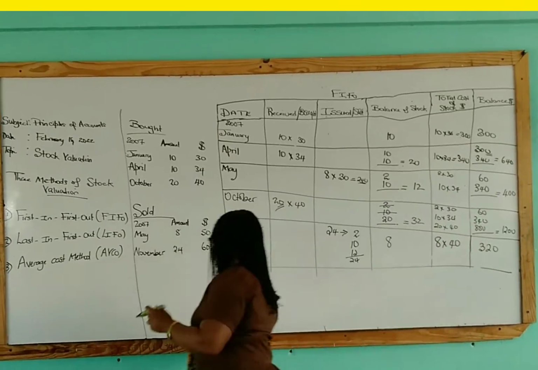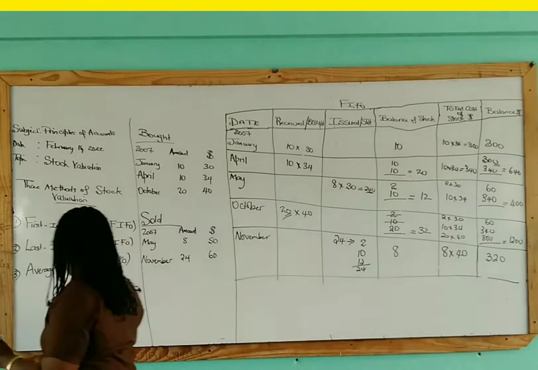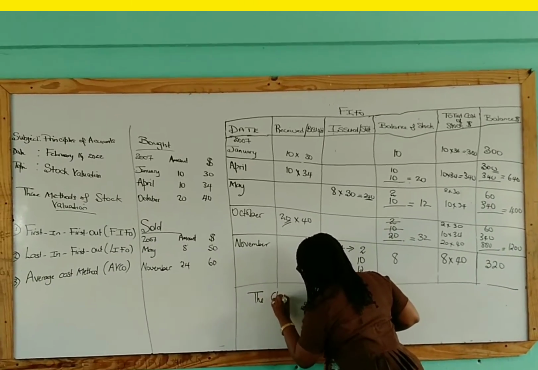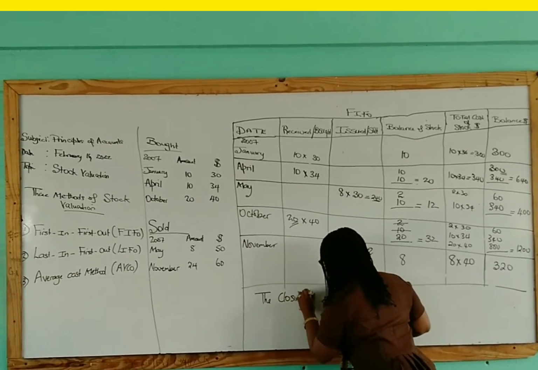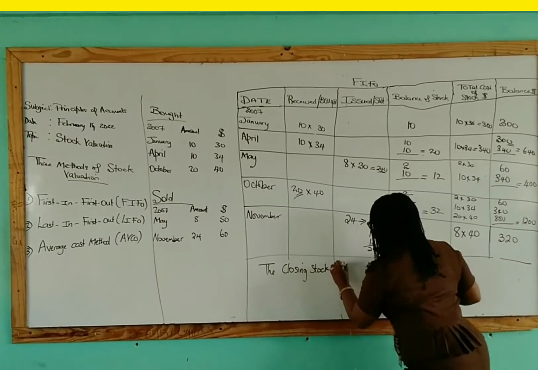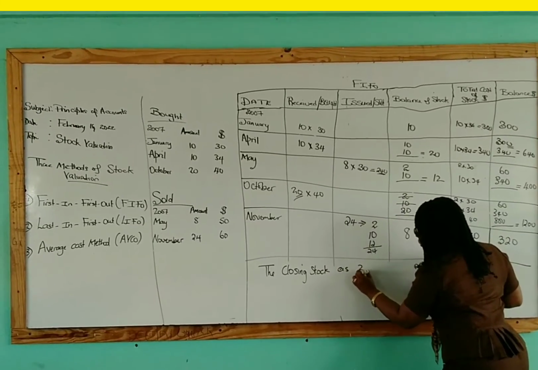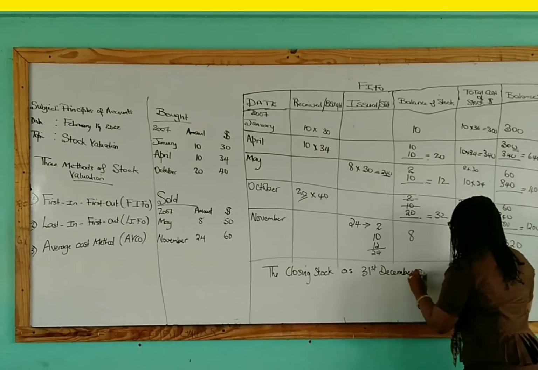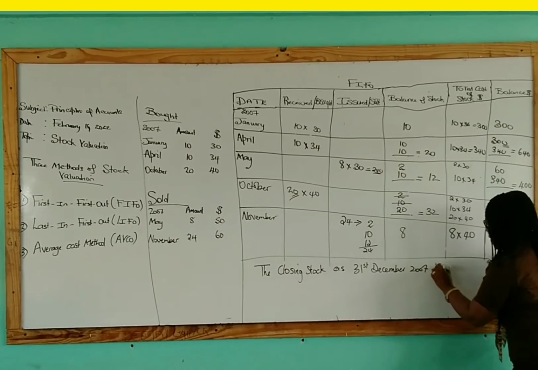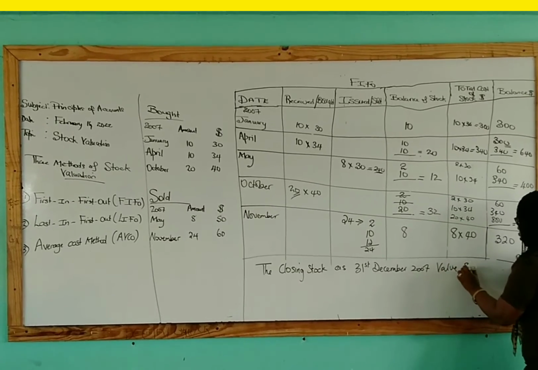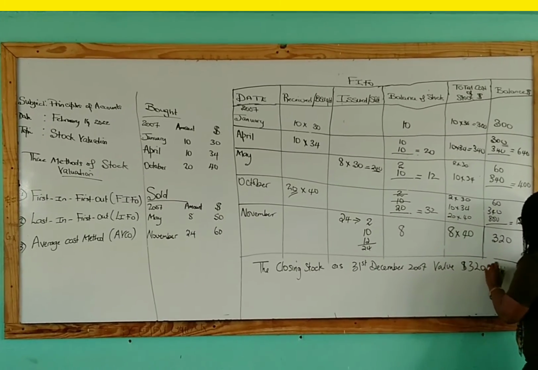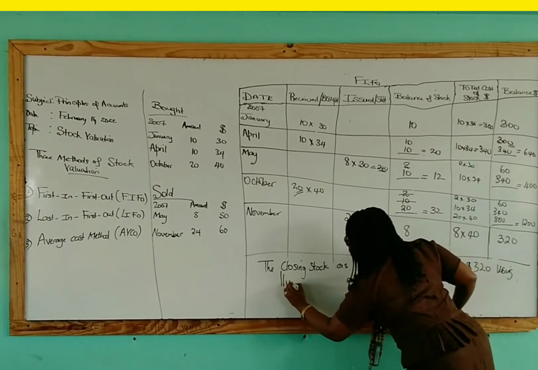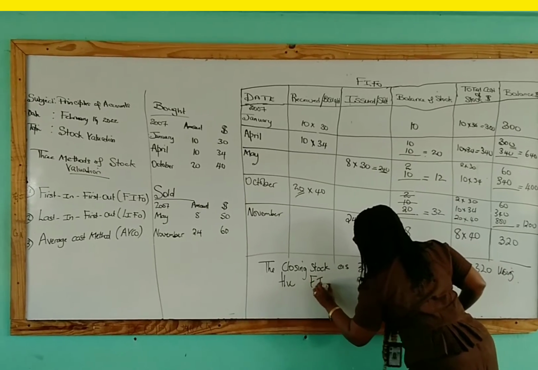So for this, you just say: the closing stock as at 31st of December 2007, valued at $320 using the FIFO method.